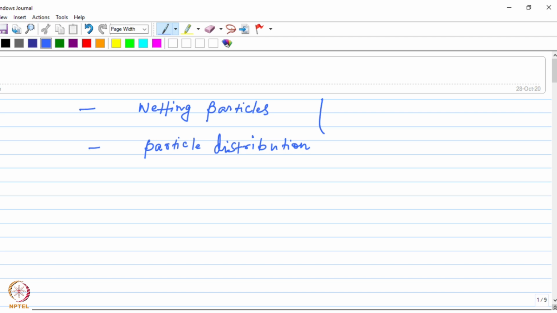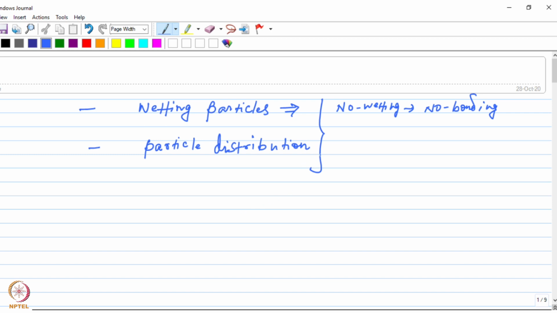So these two aspects are very important for getting a good quality composite. If you do not have wetting, you do not have bonding, and particles will be rejected and they will either float or settle down, and they will not go into the metal and make a bond with the metallic matrix. Okay.